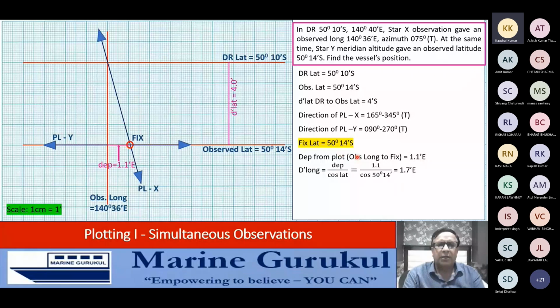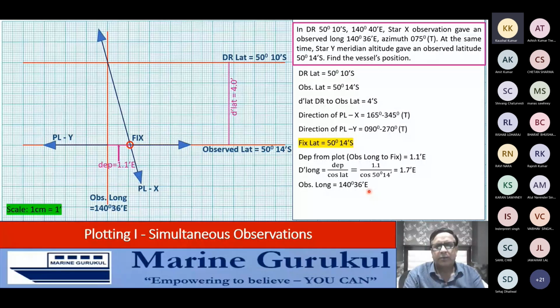We convert this departure into D long by using the cosine parallel sailing formula for latitude 50 degrees 14 minutes, and we get the D long as 1.7 minutes east. This D long we apply to the observed longitude, and that was 140 degrees 36 minutes east.